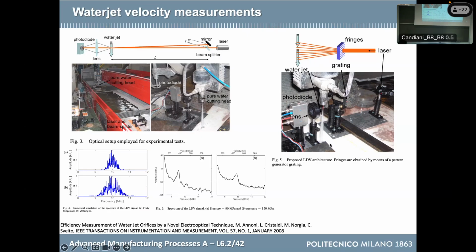And so maybe you can see there is a red dot here, which was the laser. It is possible to measure the velocity. A velocity that is particularly high, as I said, because considering the losses, it is 500 meters per second. So this is the most delicate system for measuring it.